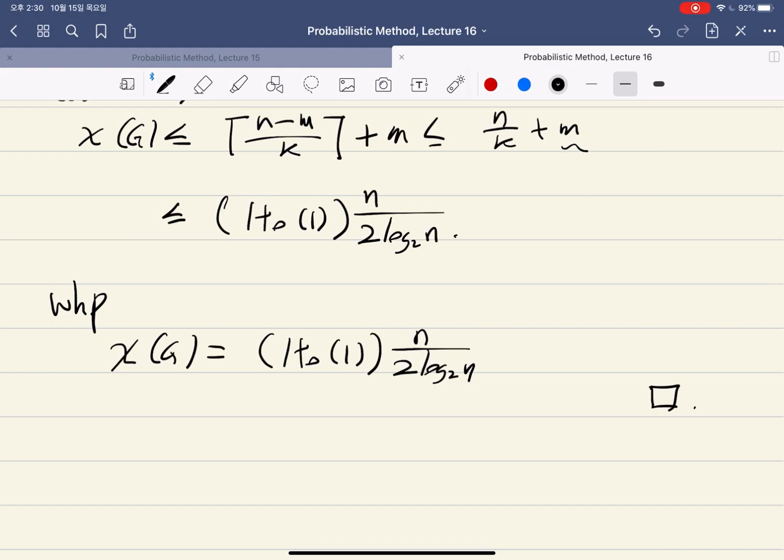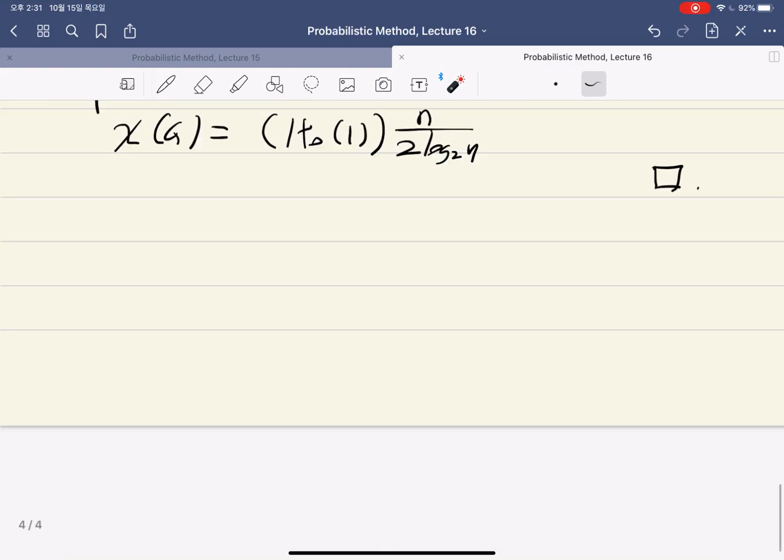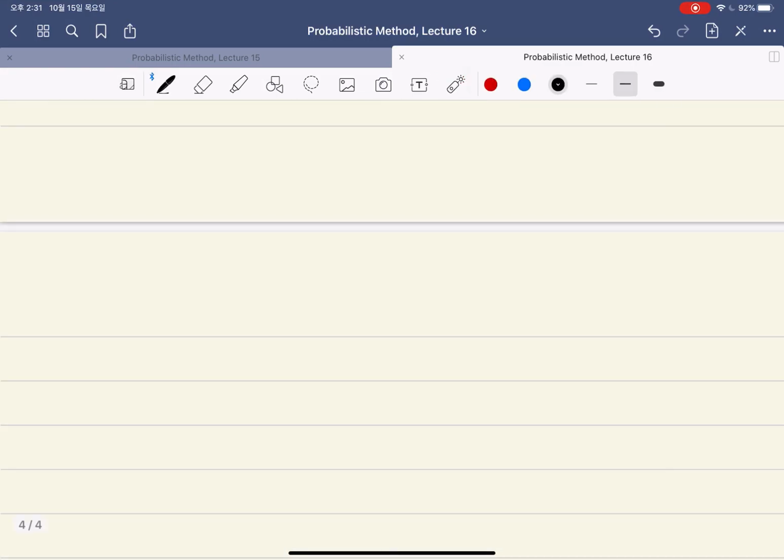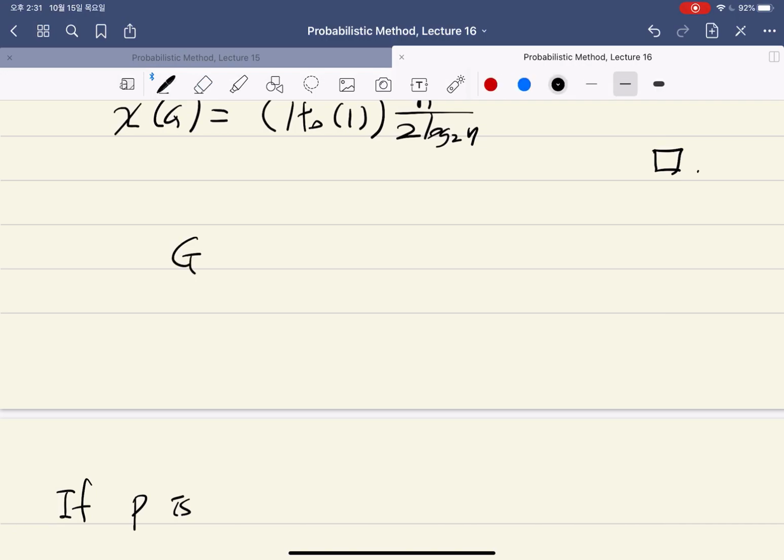So this shows that the chromatic number of a random graph is concentrated around this number. So with high probability, you take a random graph, then you can actually predict the chromatic number. And moreover, we considered G(n, 1/2), which is a special case of G(n, p).